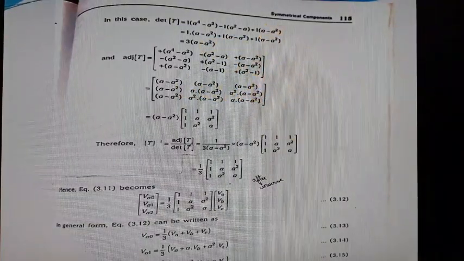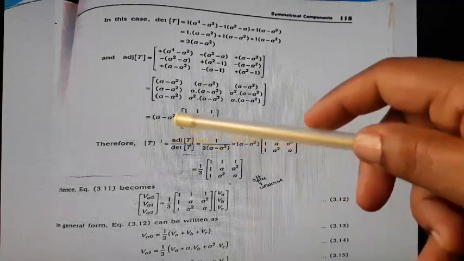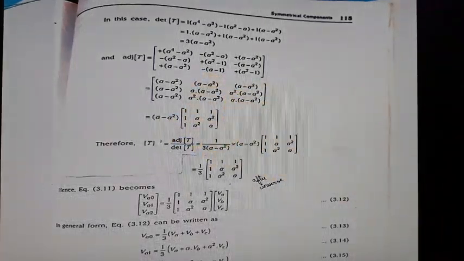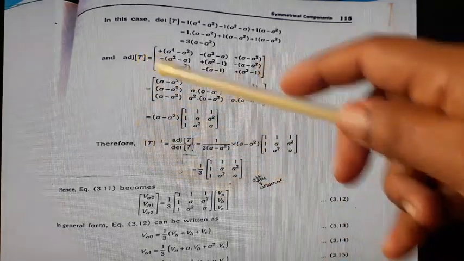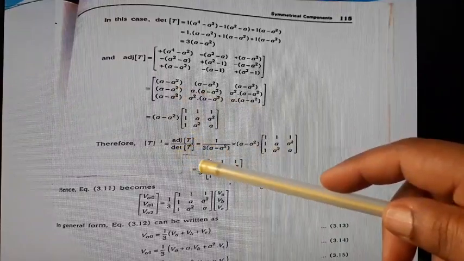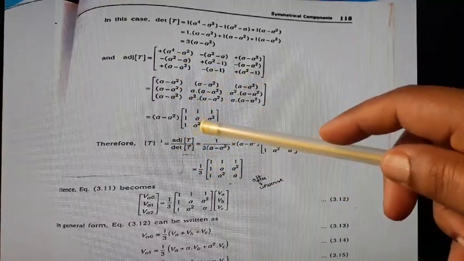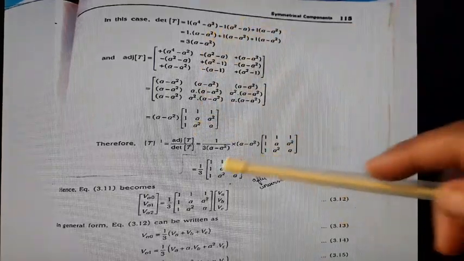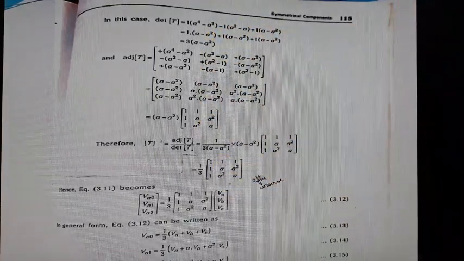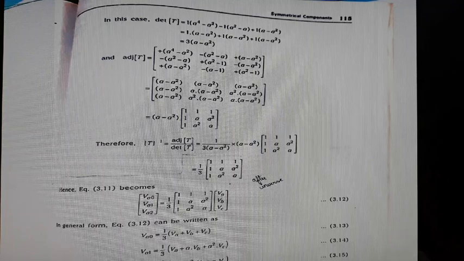Simplifying and taking a minus a square outside, we get 1 1 1, 1 a square a, 1 a a square. Then T inverse is the adjoint of T divided by the determinant, which is 1 by 3 times 1 1 1, 1 a a square, 1 a square a.